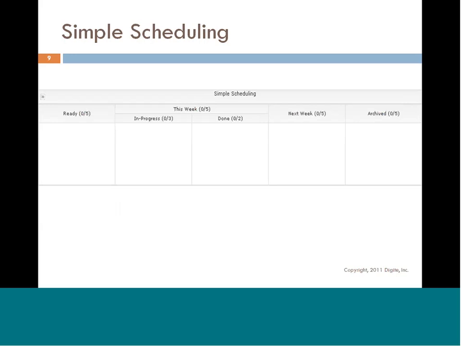This could represent a simple scheduling which you can do right on the Kanban board. It could be as complex as you want, or you could keep it very simple, depending upon your own specific workflow and the team you're working with.